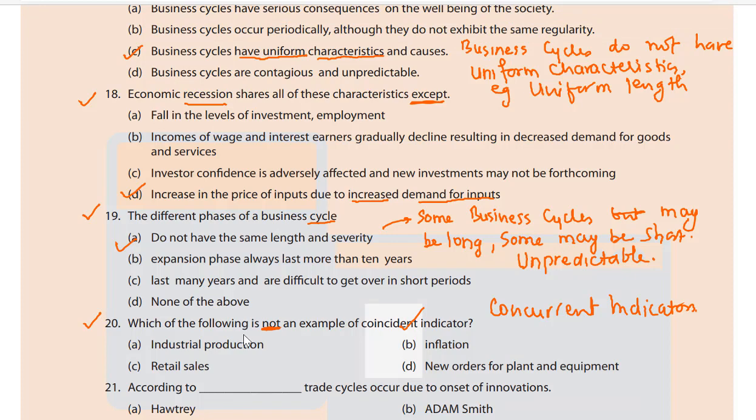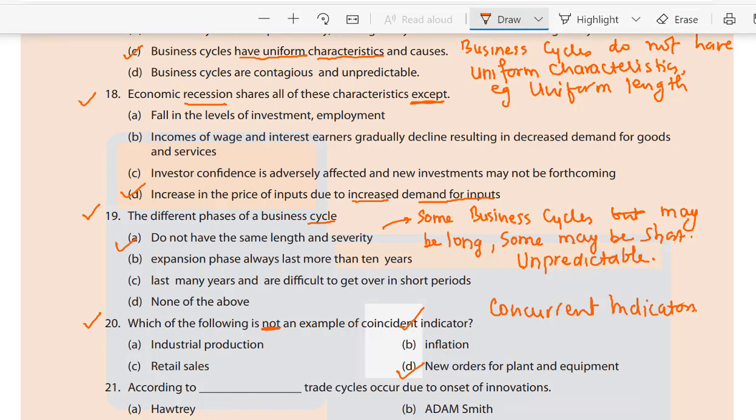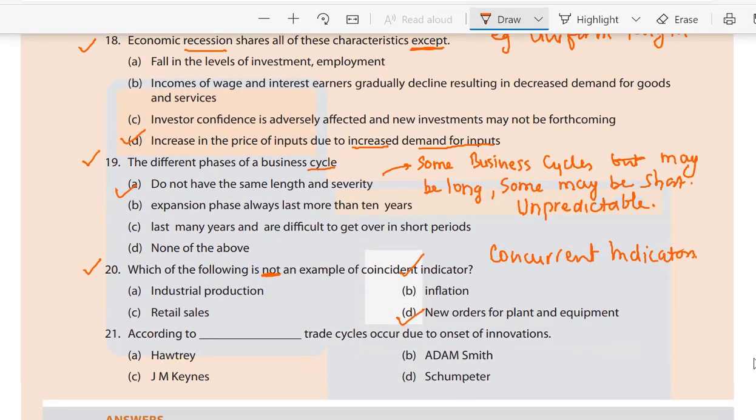A. Industrial production. B. Inflation. C. Retail sales. Or D. New orders for plants and equipments. Not an example of coincident indicators: D. New orders for plants and equipments.